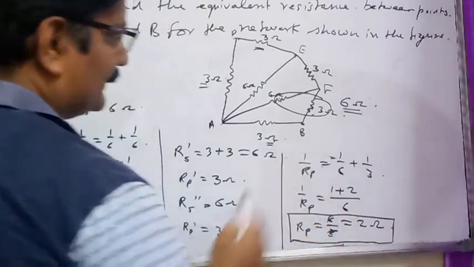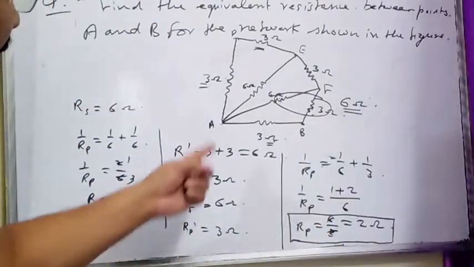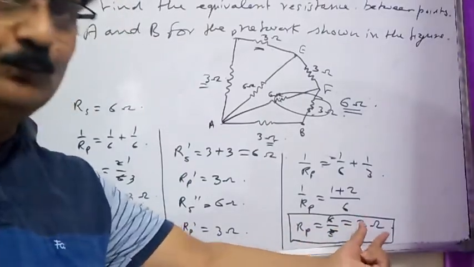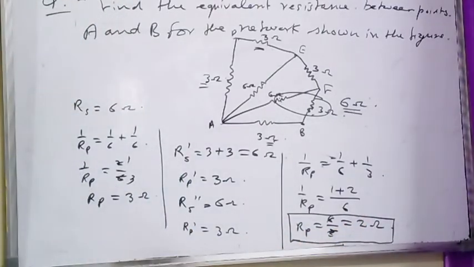So the equivalent resistance between points A and B of this network at the end is going to be 2 ohm. So in this way you can solve the question.